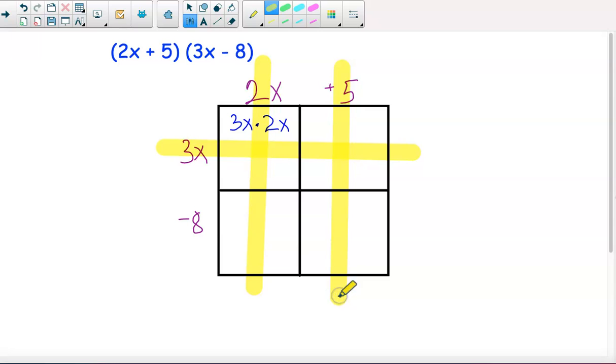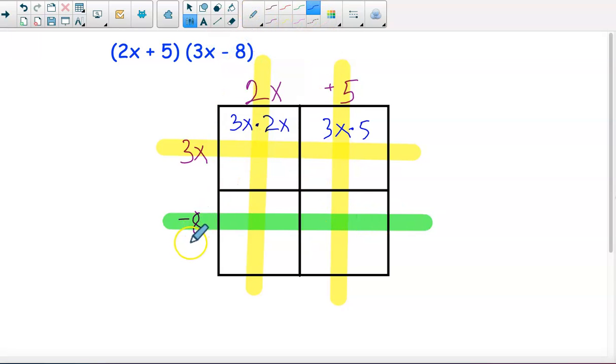And the next one goes like this. Okay, let me hold on to that. So next 3x with 5, that comes up here. 3x times 5. You filled in the second box. Now to fill in the third box, 2x is there already here, but 8 has to go there. So let me handle it this way.